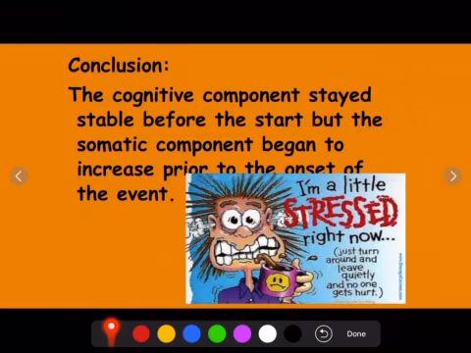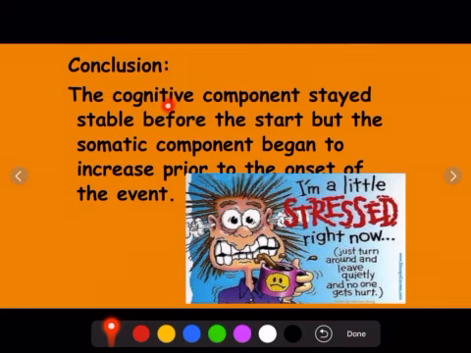Conclusion, the cognitive component stayed stable before the start, but the somatic component began to increase prior to the onset of the event. That was from the Martens one, from different measures within there. The cognitive component didn't change before the event, okay, but somatic, your body started to notice that an event was about to happen, right?